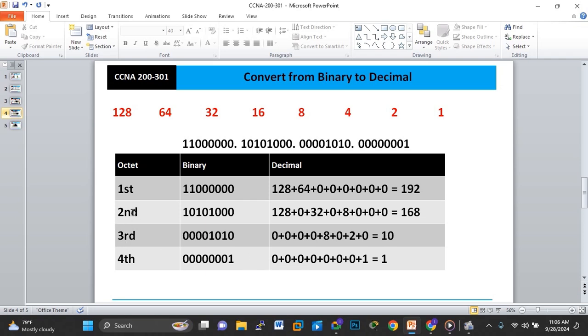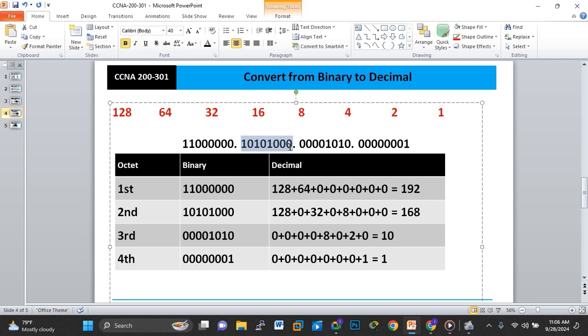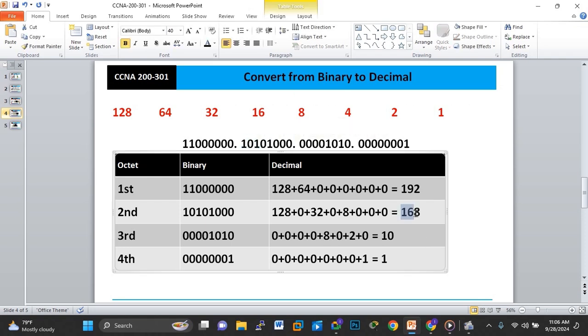So now the second octet, what we will see now is 128 plus 0 plus 32 plus 0 plus 8 plus 0 plus 0 plus 0. After converting this binary, you will arrive at 168. How? If you use this 128 plus 32 plus 8.